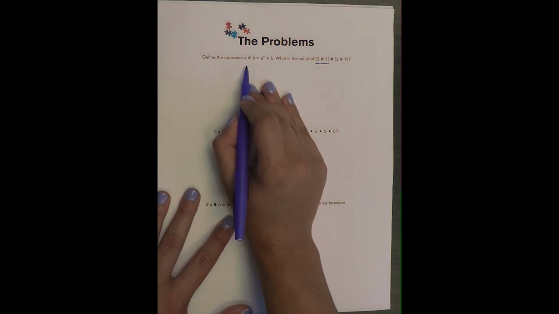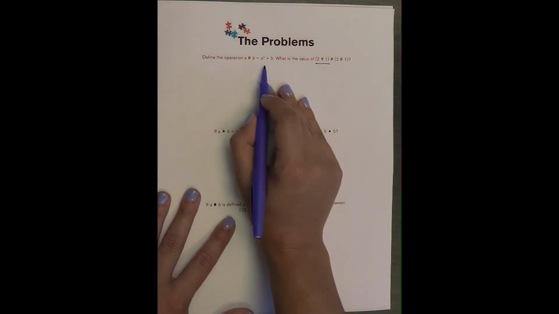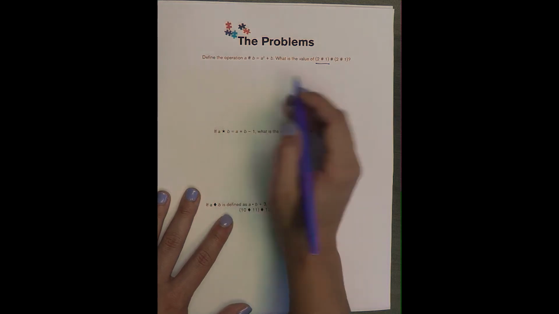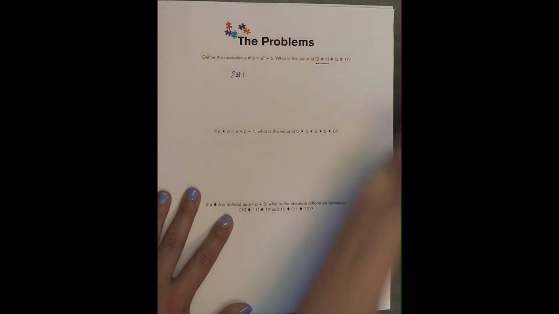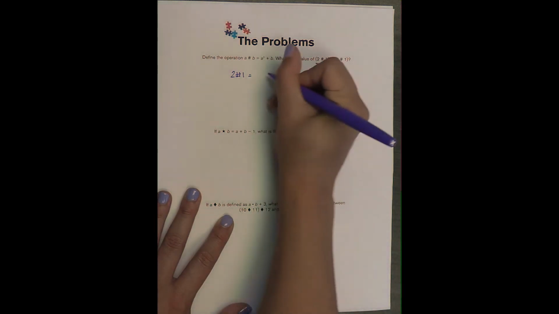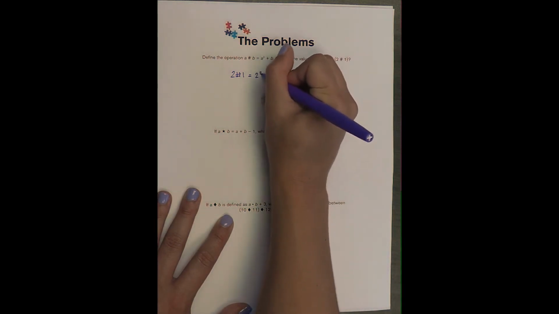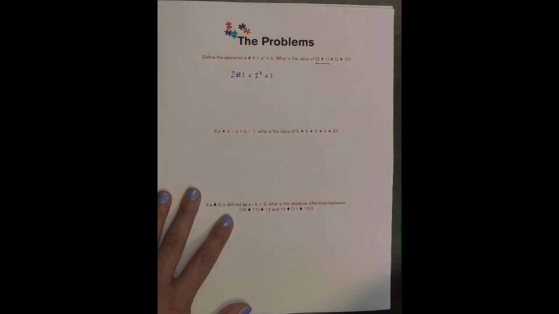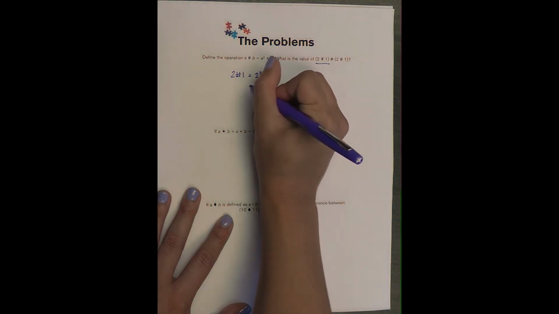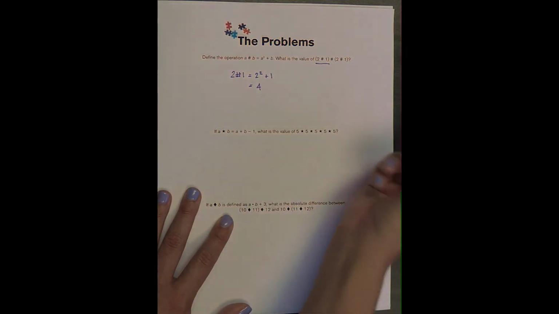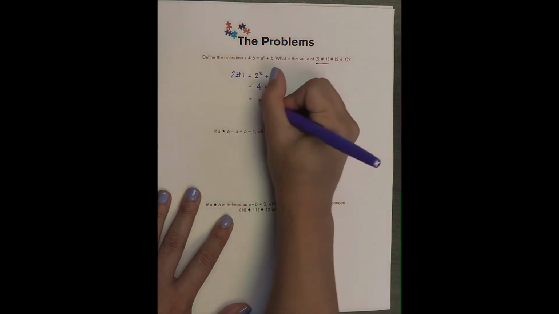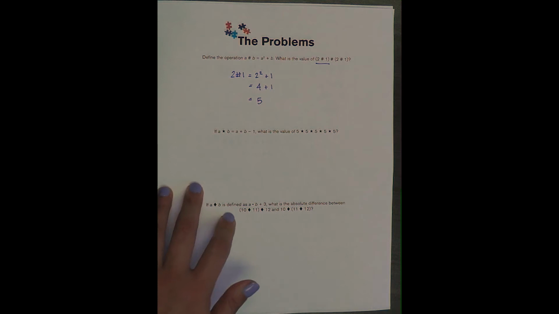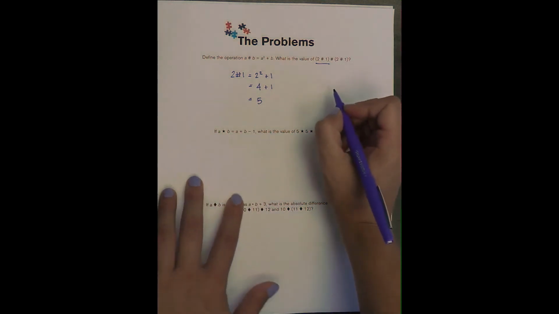All we're going to do is plug it into our newly defined operation. So 2 hashtag 1 equals 2 squared plus 1. Then exponents come next, so 2 squared is 4, plus 1, and then we add to get 5. So this first term is going to be 5.